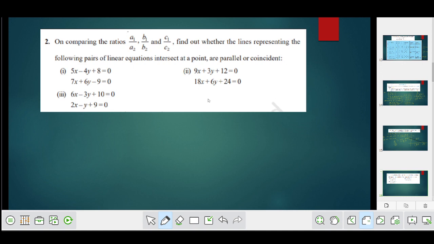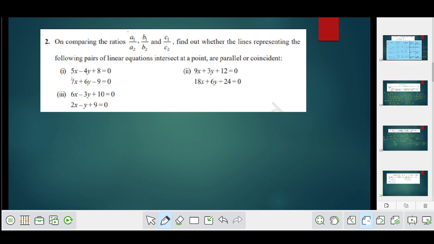Now, on comparing the ratios A1 upon A2, B1 upon B2 and C1 upon C2, find out whether the pair of linear equations represent lines that intersect at a point, are parallel, or are coincident.